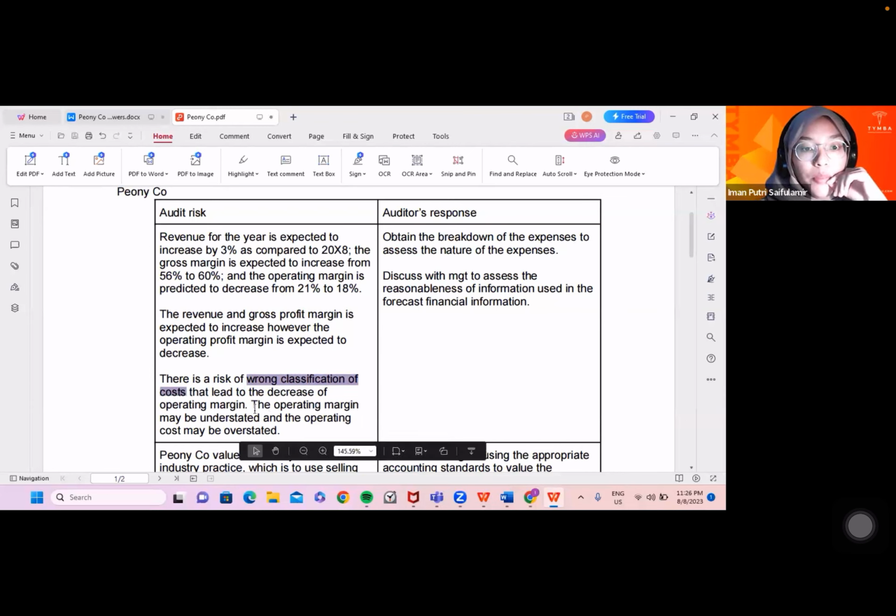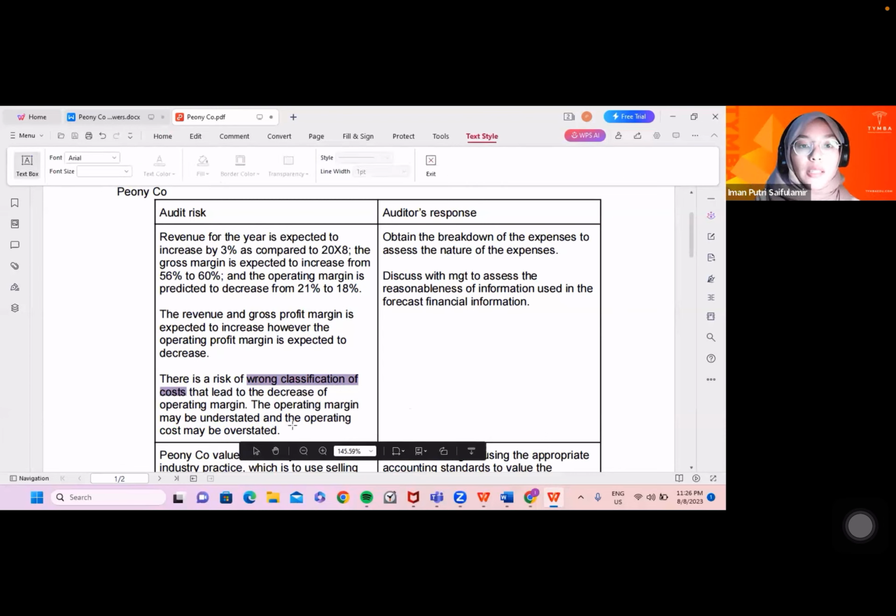The operating profit margin may be understated and the operating cost may be, I think this should be the cost of sales instead of the operating margin. It may be that the cost of sales and the operating cost may be misstated. But I can give you 1 mark here because I think you have basically explained the point pretty well. So this is 1 mark.